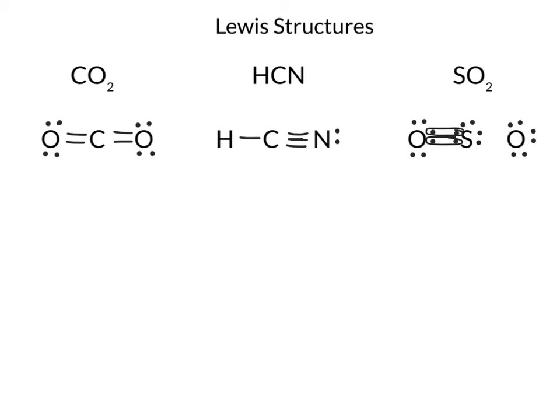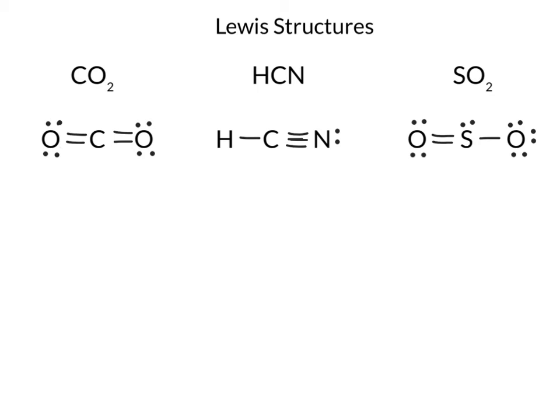So what the oxygen can do instead is essentially force sulfur to share both of the electrons and create a covalent bond between them, where that oxygen on the right is giving up absolutely nothing for this. This will create a double bond between the sulfur and one of the oxygens and a single bond between the sulfur and the other oxygen.